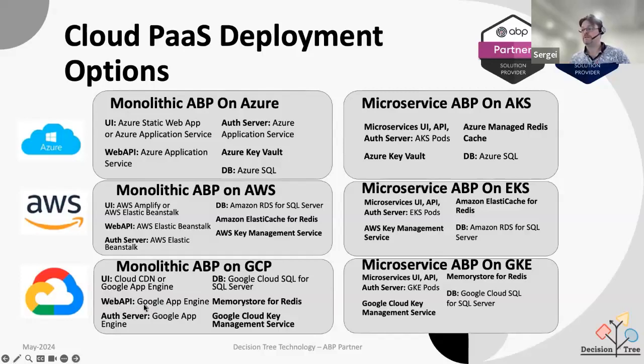For Web API, we will use Google App Engine, and if the authentication server is a standalone service, it will have to be hosted on Google App Engine. Redis memory cache and databases, the same applies, similar to AWS or Azure, and Google Key Management Service is the configuration management infrastructure of choice in that case.